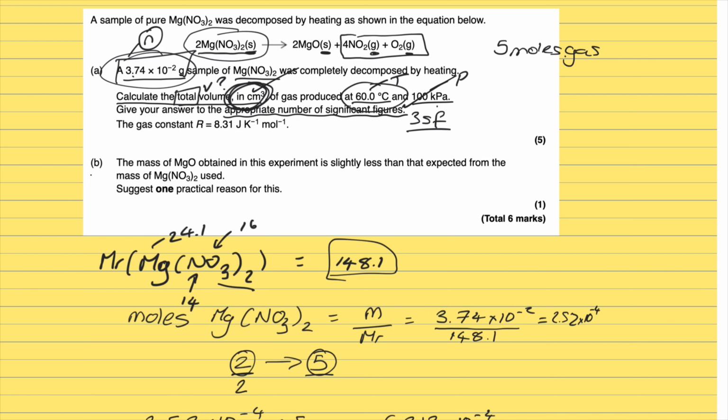Yes. B. The mass of magnesium oxide obtained in this experiment is slightly less than expected from the mass of magnesium nitrate used. Suggest one practical reason for this. So in other words, why has this not produced as much of this as it might be expected?